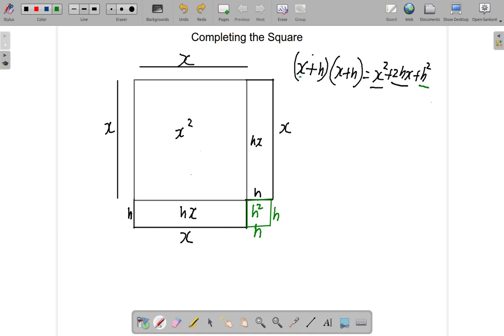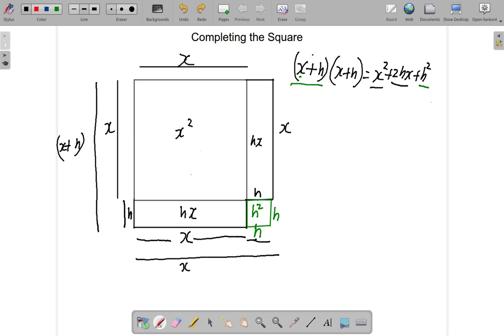Now let's look at this part. This height is x and this remaining height is h. So this whole height of the complete square is x plus h. Good. What is the width? From here to here is x, and from here to here is h. So from here all the way out to here is x plus h.